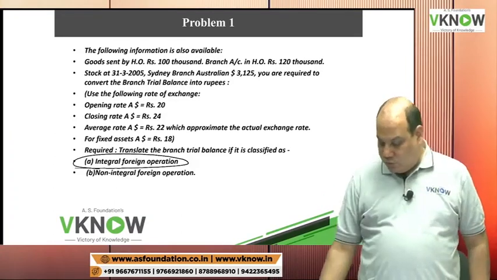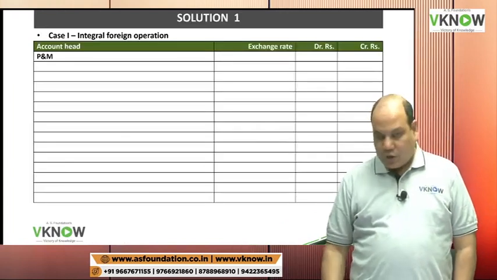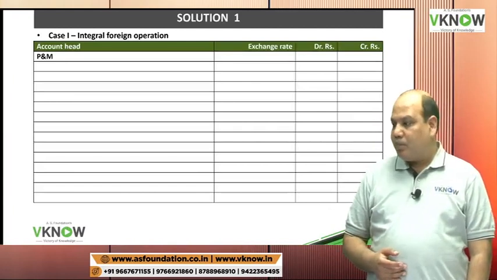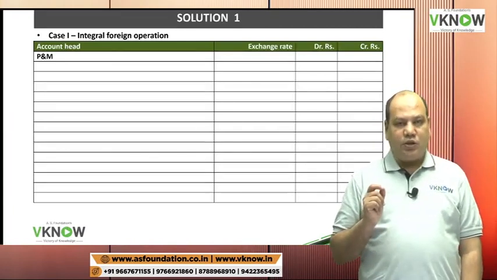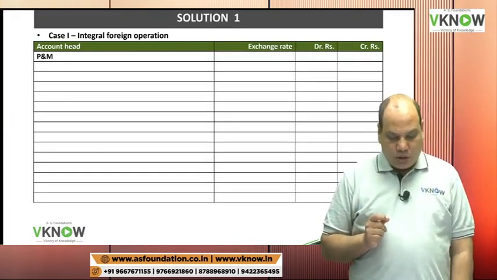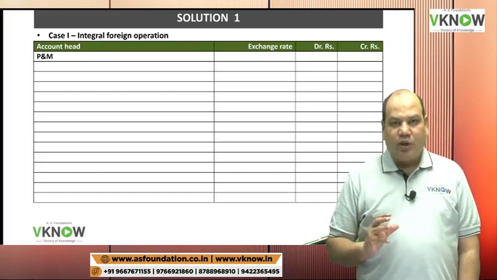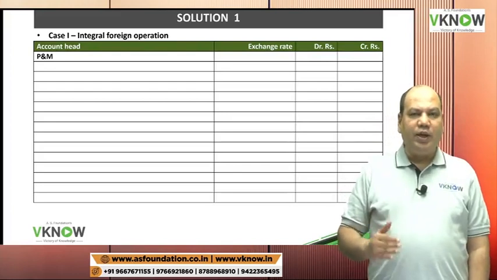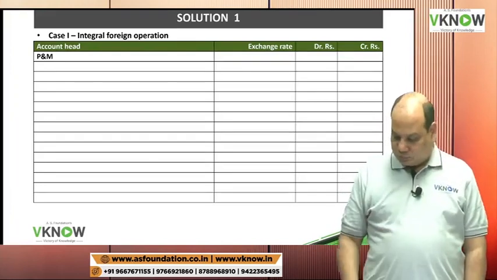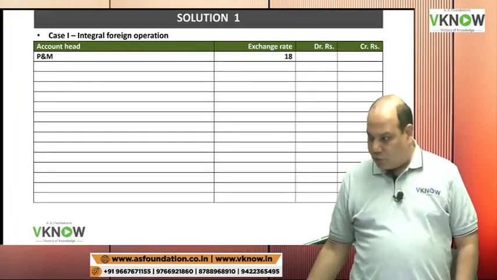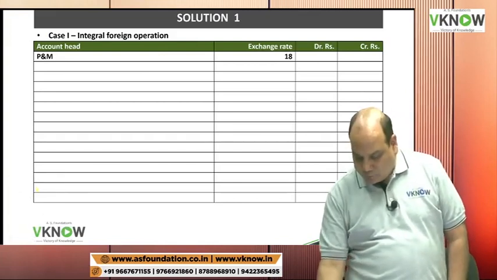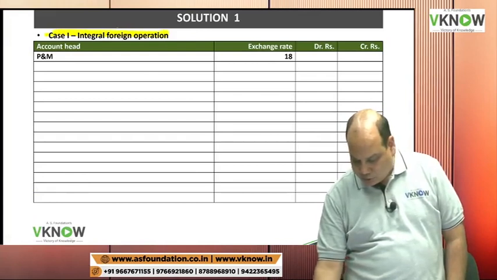So we will solve one by one. I think the answer is there in your book. Please let me know whether the answer is given in your book. This can be a part of your branch accounting topic, or it can be an independent question. So first, as on the screen, we are following the integral foreign branch operation rule.